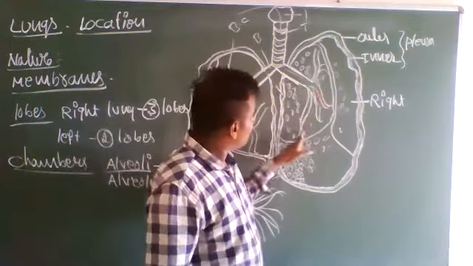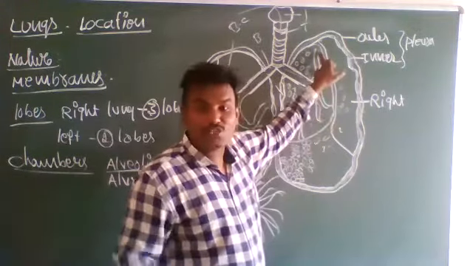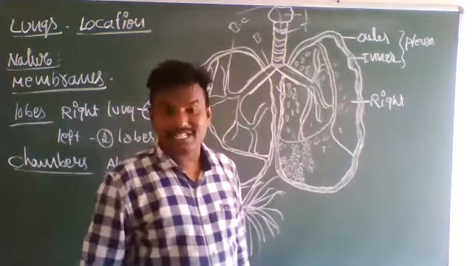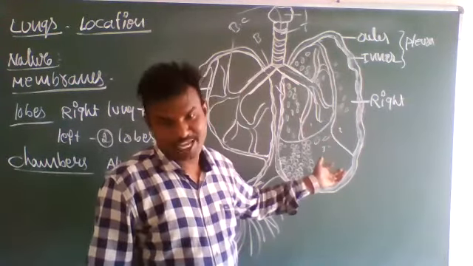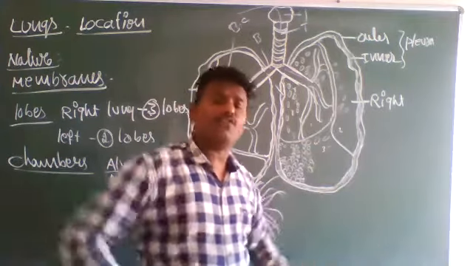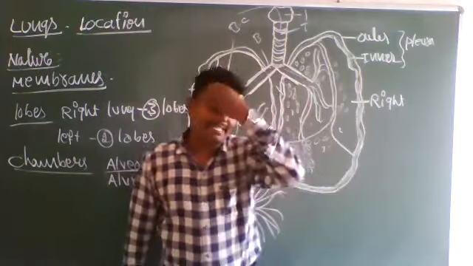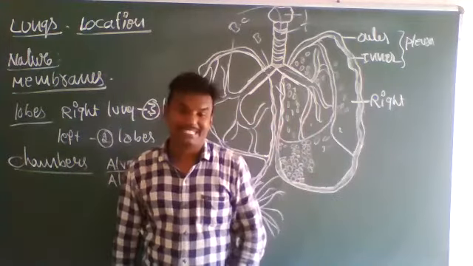Through these several bronchioles, 21% atmospheric oxygen enters all the alveoli. In the alveoli, deoxygenated blood was already there. That deoxygenated blood becomes oxygenated.